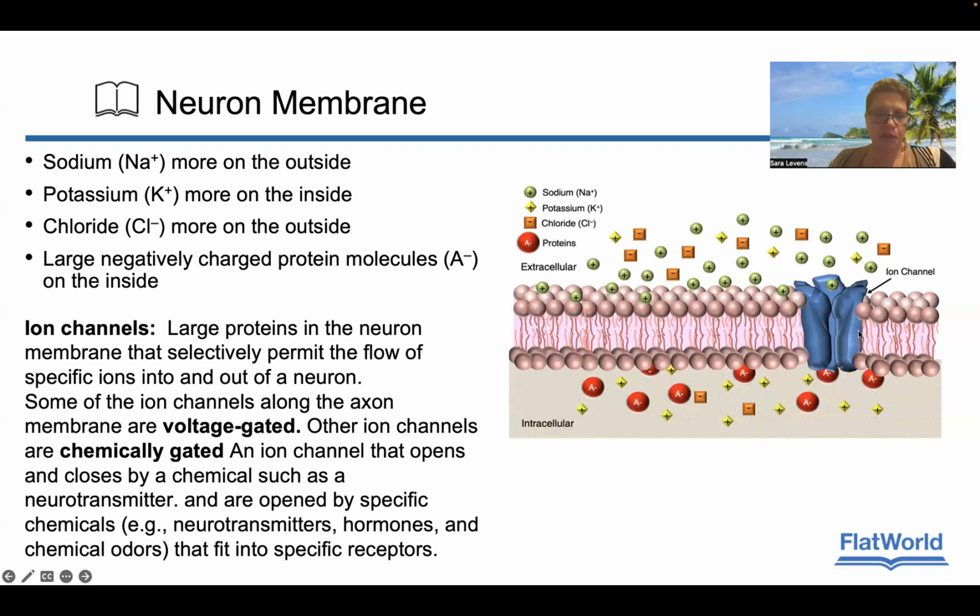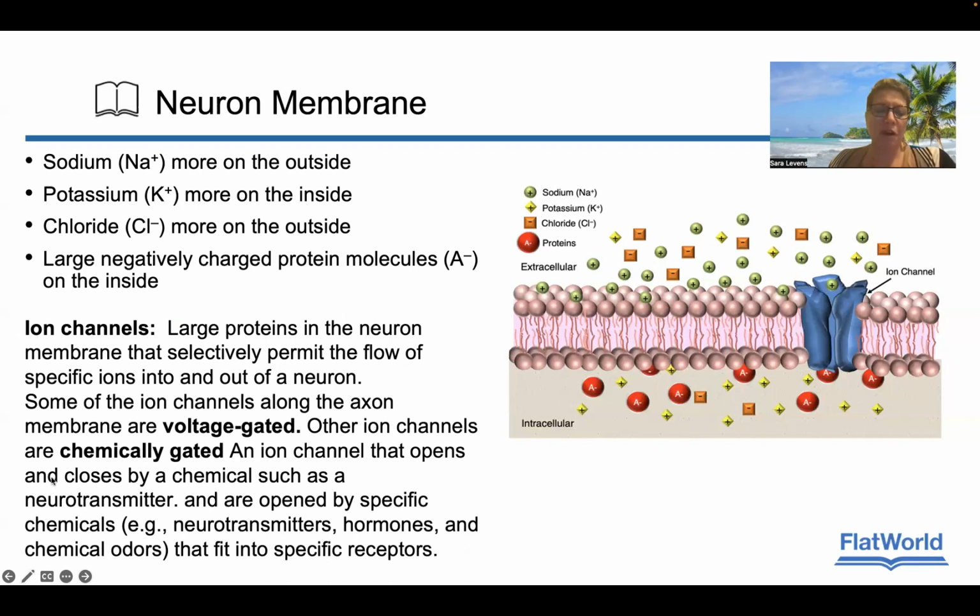So these are voltage-gated channels that will be activated as a certain portion of the membrane around it becomes more negative or more positive. The voltage affects them, whether they open or close.